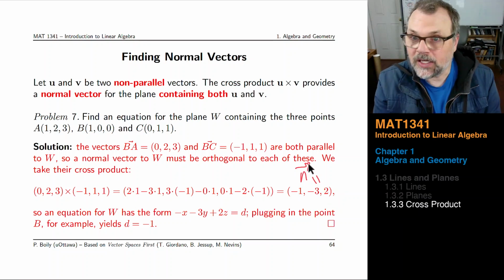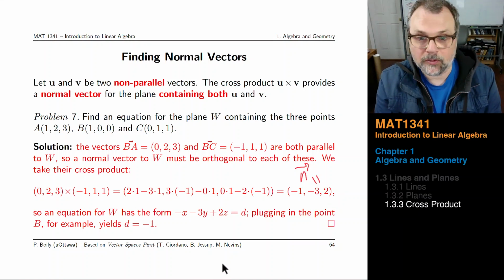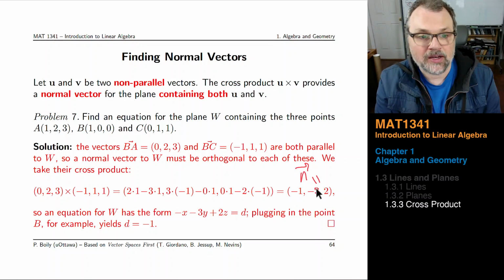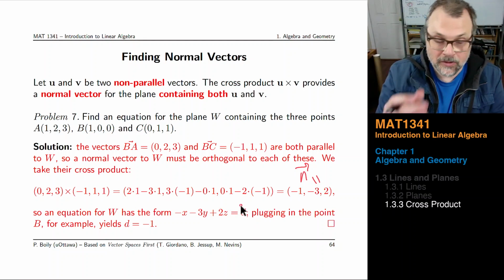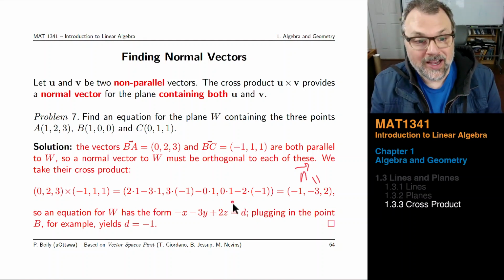So in the Cartesian form of the equation for the plane, we do n times the vector x, y, z. So that would be -1 times x plus -3 times y plus 2z is equal to d. D, the constant term, will tell us the height of the plane. How do we find the d?